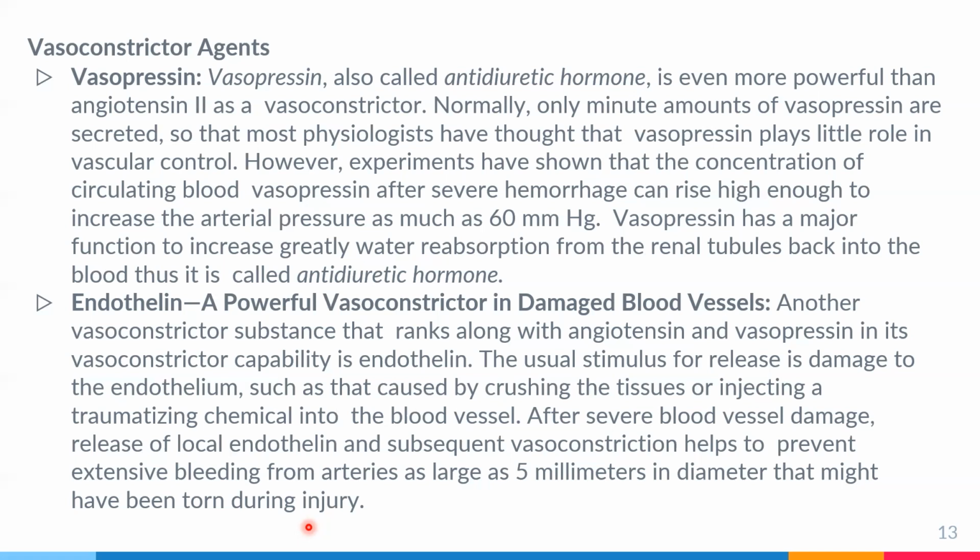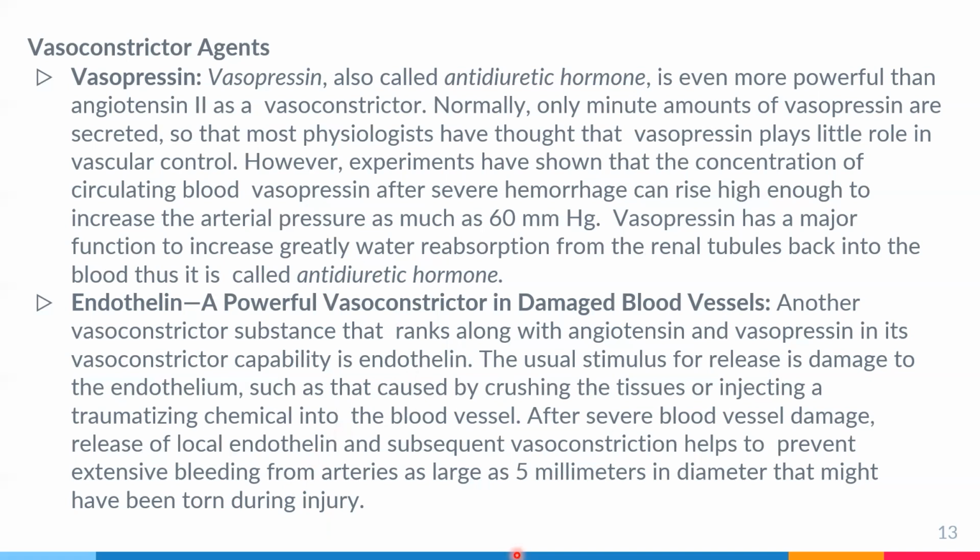One of the vasoconstrictor substances involved in stopping the flow of blood out of the body, that is, maintaining hemostasis, is endothelin, and it does it by the vasoconstrictor mechanism.